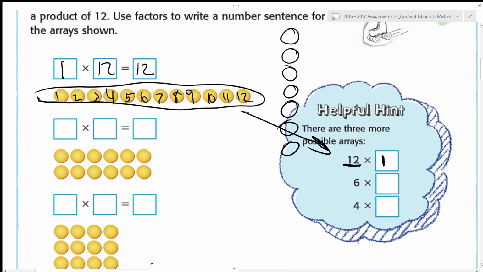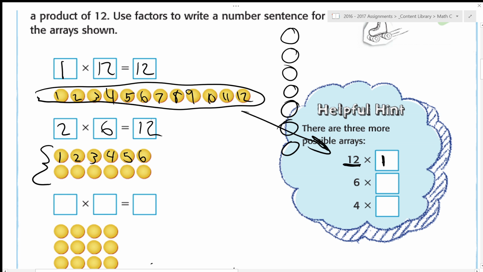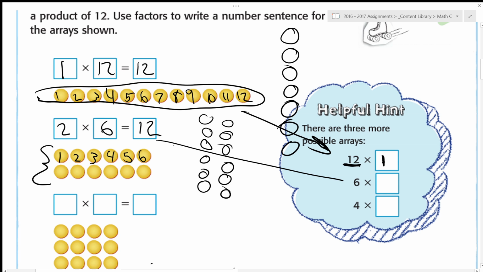So the next one we have here is 2 rows, 1, 2, 3, 4, 5, 6 desks equals a total of 12 desks. We could also do 6 rows of 2 desks to get the same answer of 12.